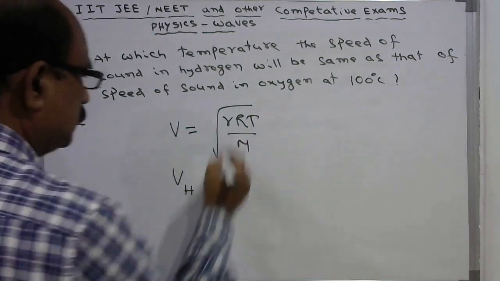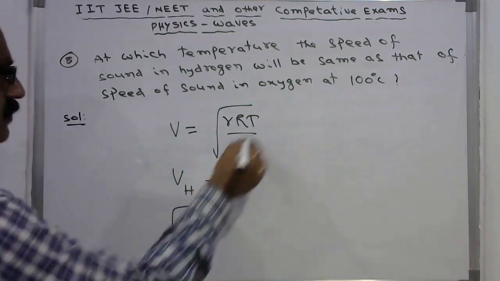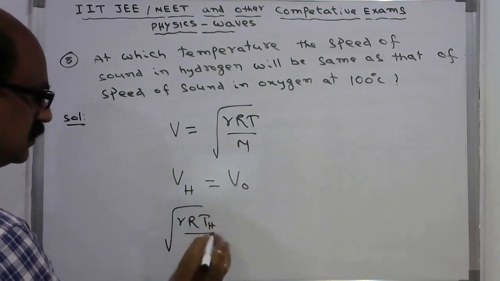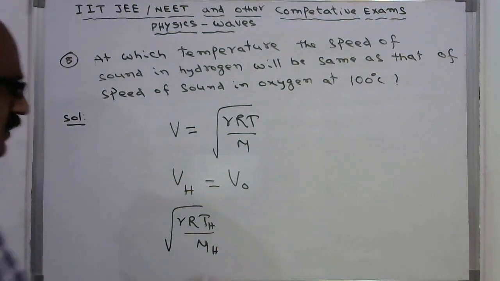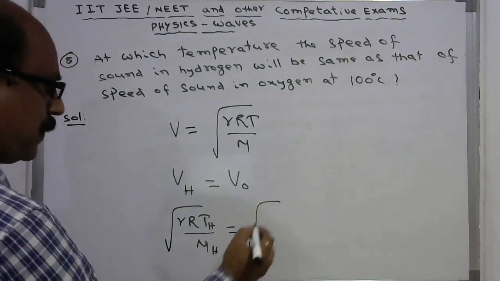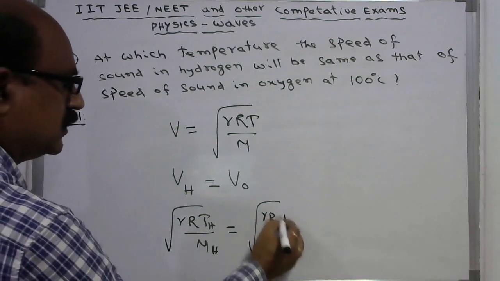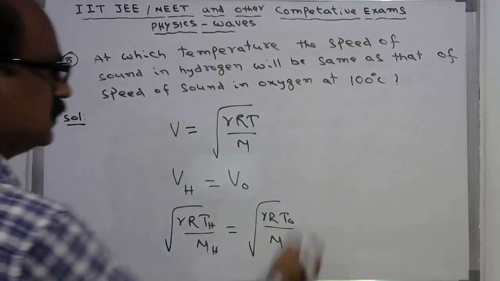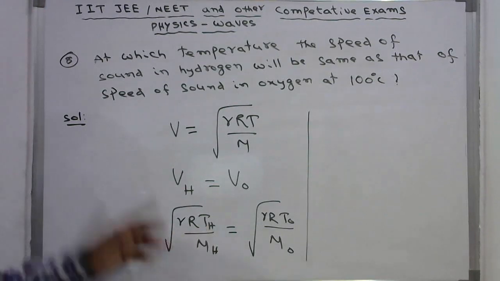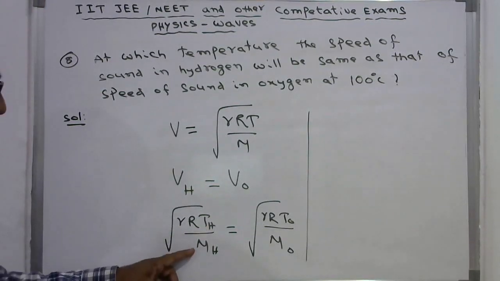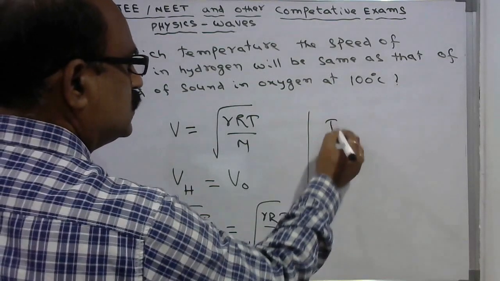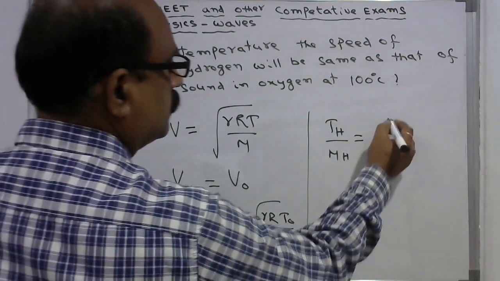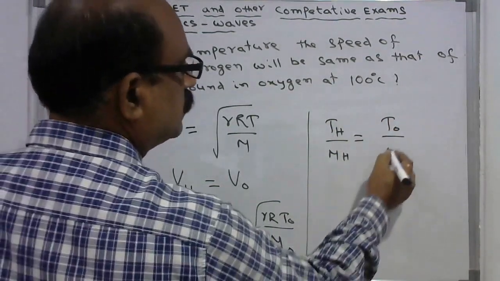Now you substitute here: under root gamma R, which are constants, temperature of hydrogen by molecular mass of hydrogen is equal to under root gamma R into temperature of oxygen by molecular mass of oxygen. So now you can cancel both the square roots and gamma R on both sides. So T_H by mass of hydrogen is equal to temperature of the oxygen by molecular mass of oxygen.